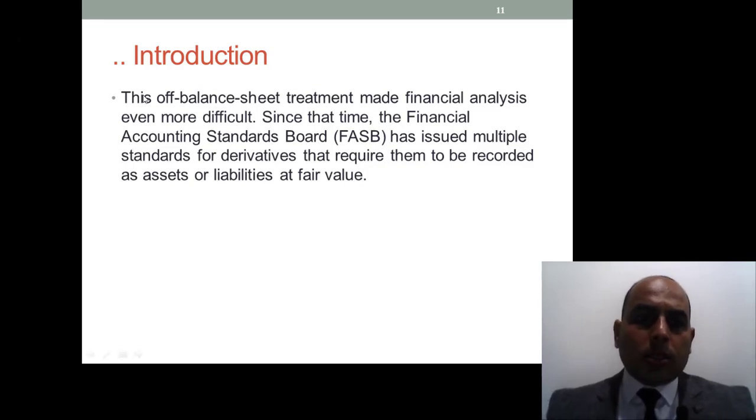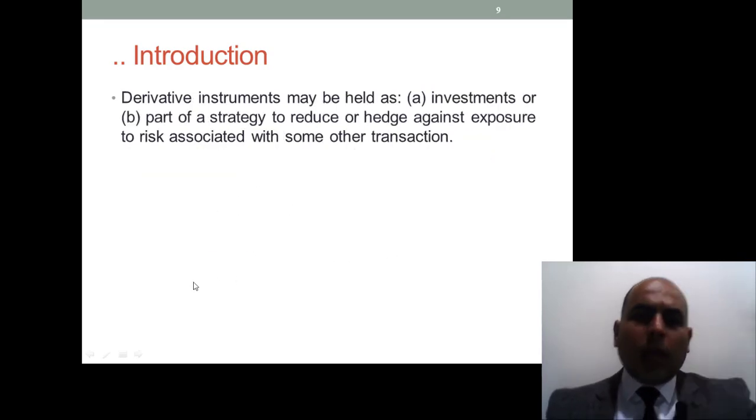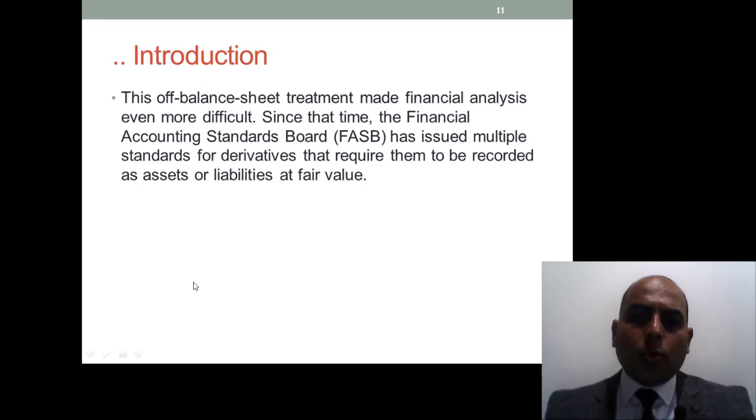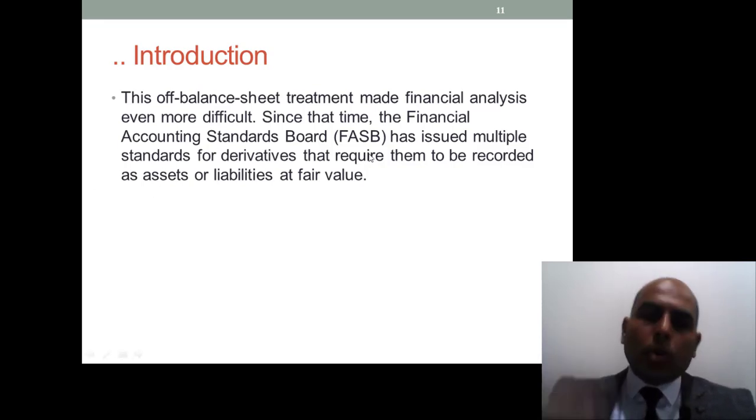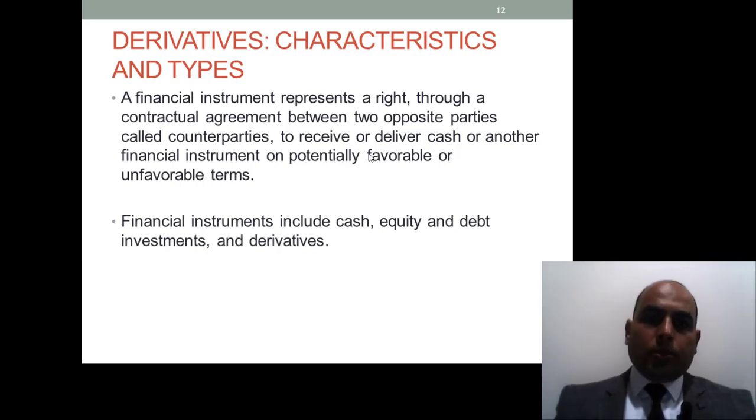Later on, this off-balance-sheet treatment was changed, and right now we have to record derivatives according to the accounting standards board and according to International Financial Reporting Standards, and that is what we are going to learn: how to record it, how to value it, and how to disclose it.